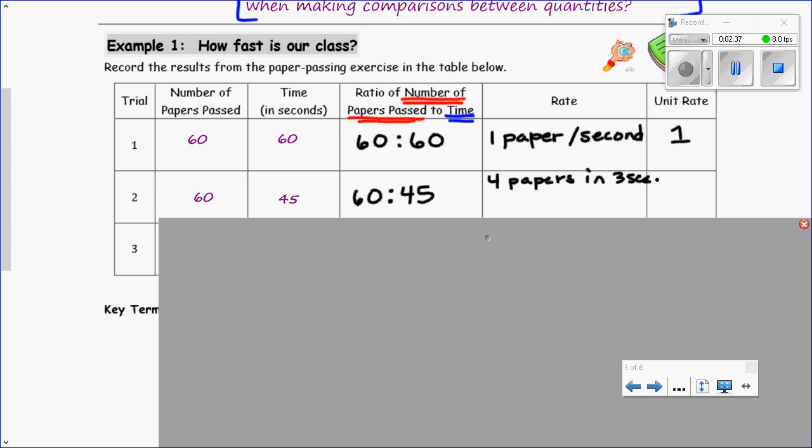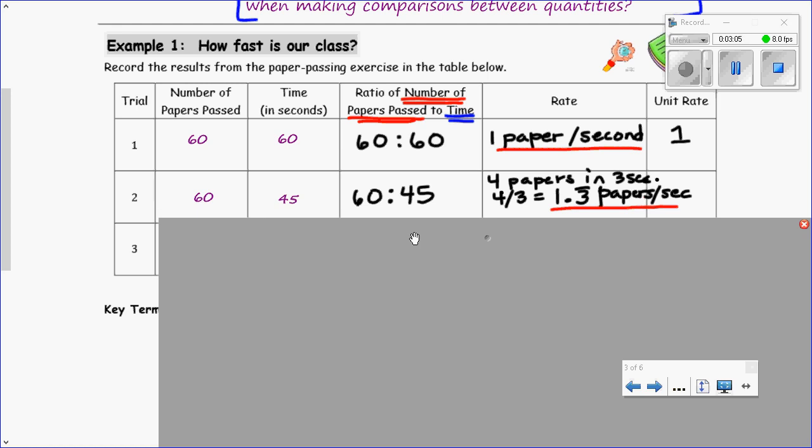So we can do 4 thirds, which equals 1.3 repeating, and that would be papers per second. It's okay that it goes out of the box a little bit. So 1.3 papers per second. What would be better if you were racing and trying to do it the fastest? Would it be faster to do 1 paper per second or 1.3 papers per second?